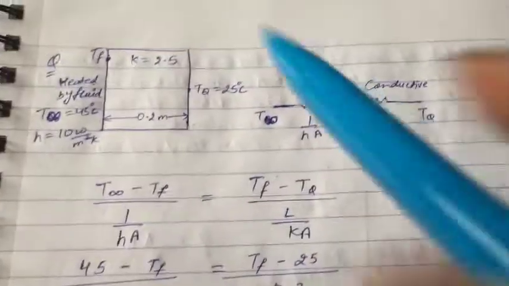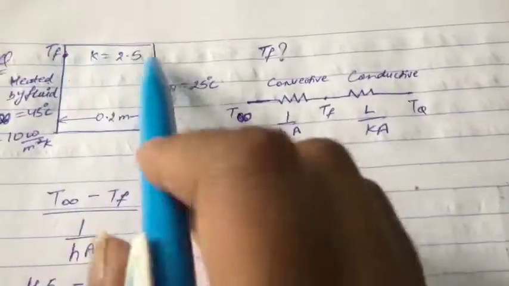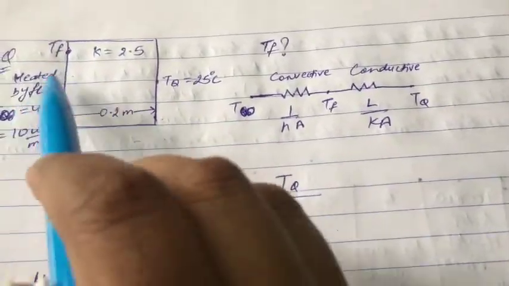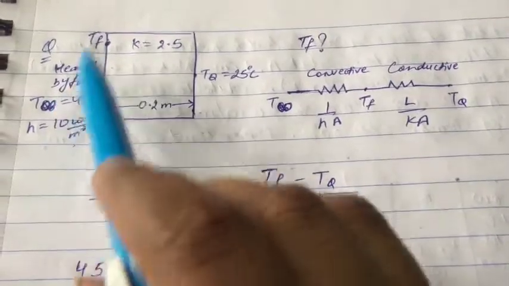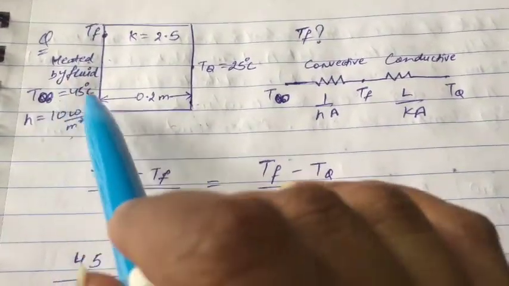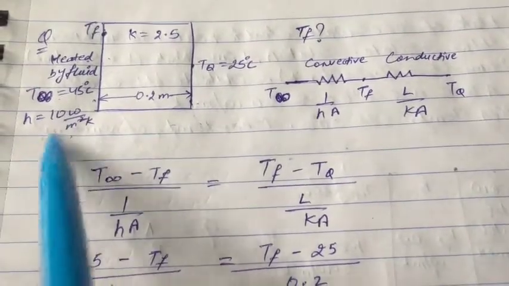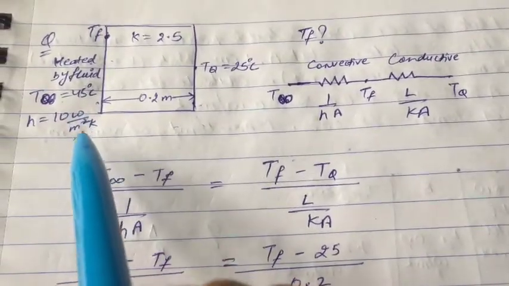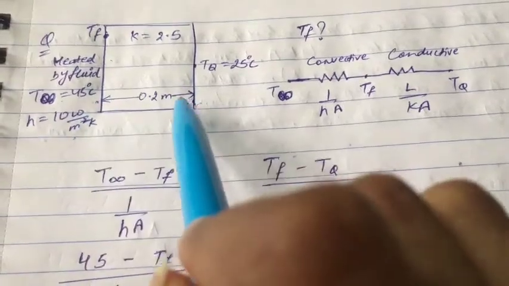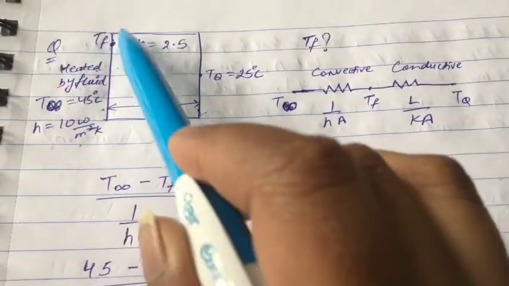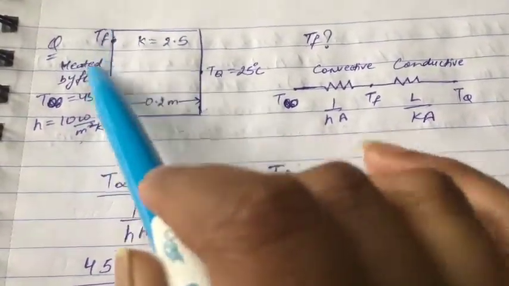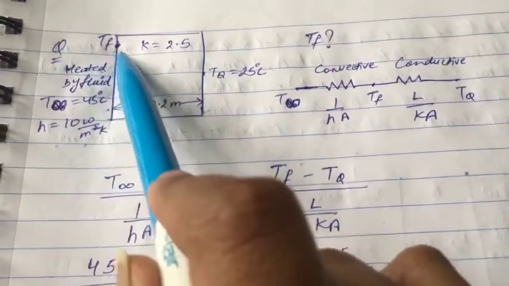Next question is: this is our slab and it is heated by a fluid flowing outside, and the fluid has a temperature of 45 degrees Celsius and heat transfer coefficient H is given as 10 watt per meter square Kelvin. Thickness of slab is 0.2 meter and temperature at this surface is Tf, which we have to find.